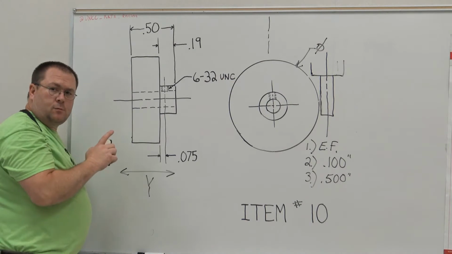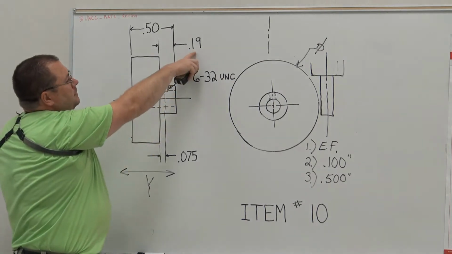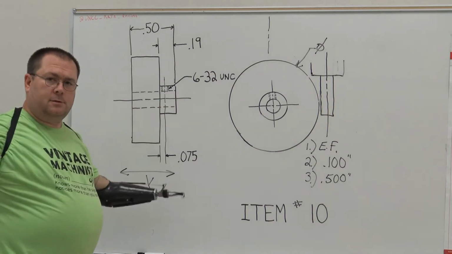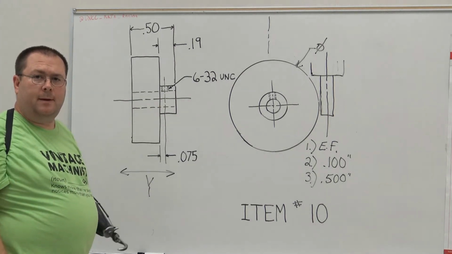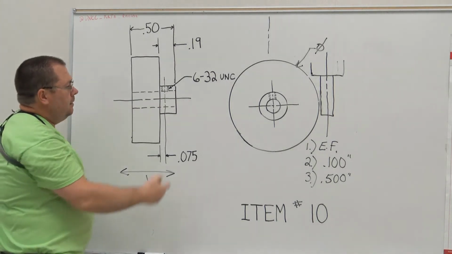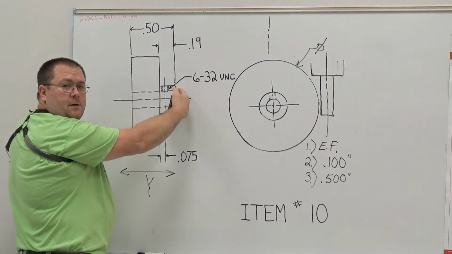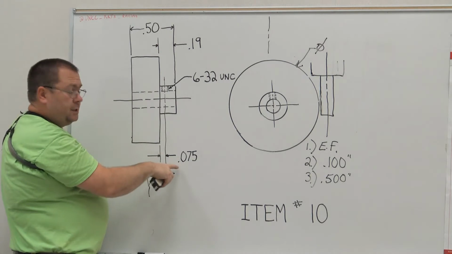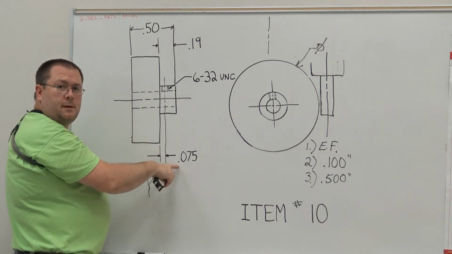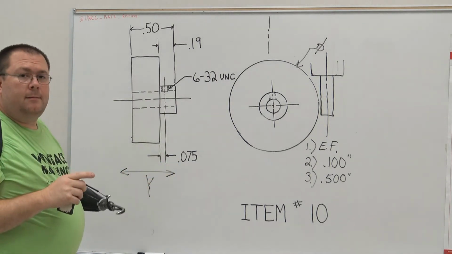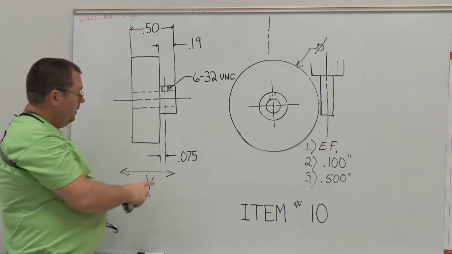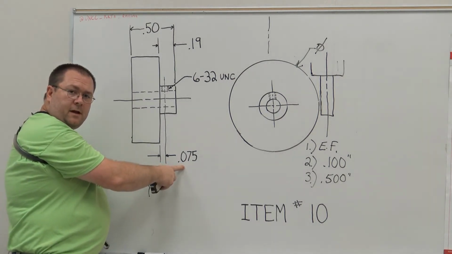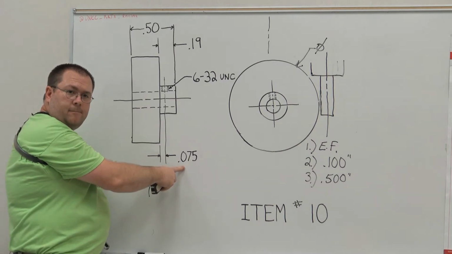The reason it's a wrong choice is because this 190 dimension has a much bigger tolerance on it. It's got a plus or minus 10 thousandths tolerance. So if I choose to edge find off this front face, and I just do a simple subtraction of these two numbers, you might get lucky, but I'm not guaranteed that I'm going to be able to hold the tolerance for this 75 thousandths dimension.